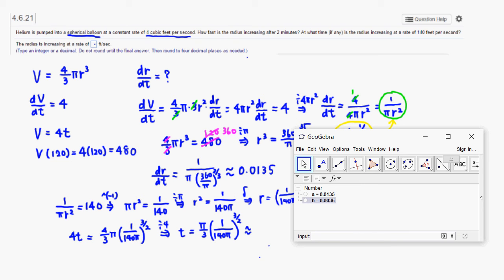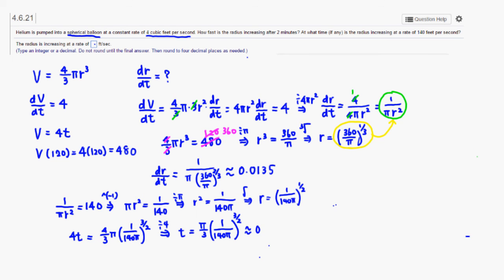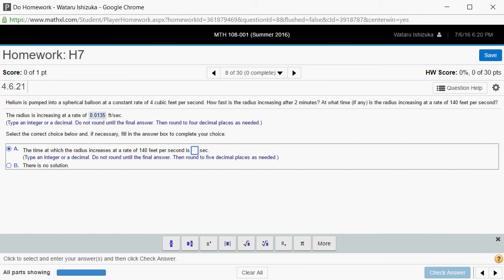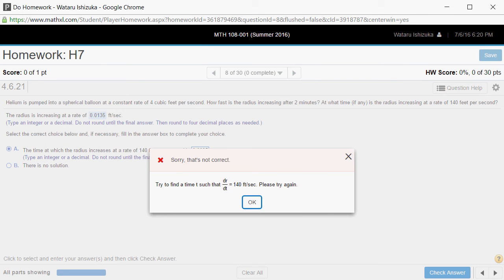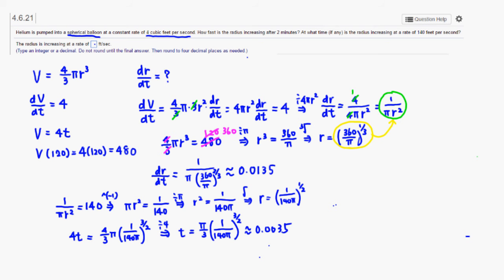All right, so it came out to be 0.0035. So let's type that in. That's a really small number. Let's check the answer. It says to try to find a time t such that the error is small. Okay, so maybe I did something wrong here.